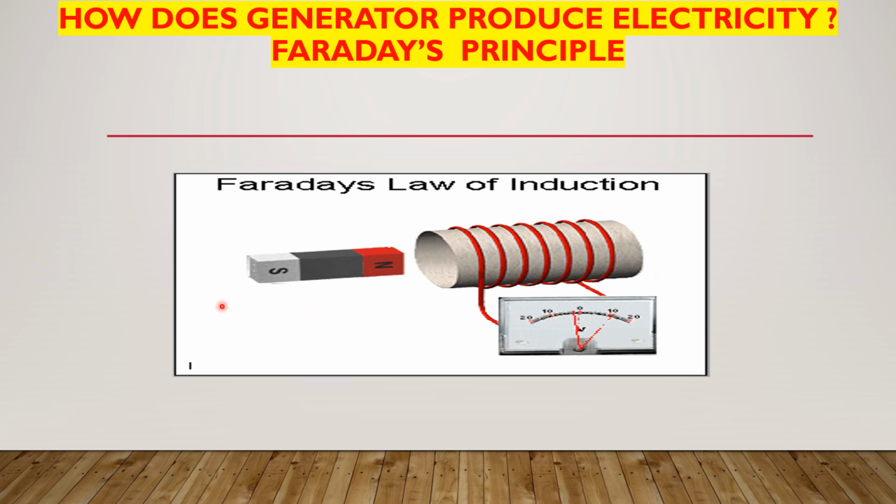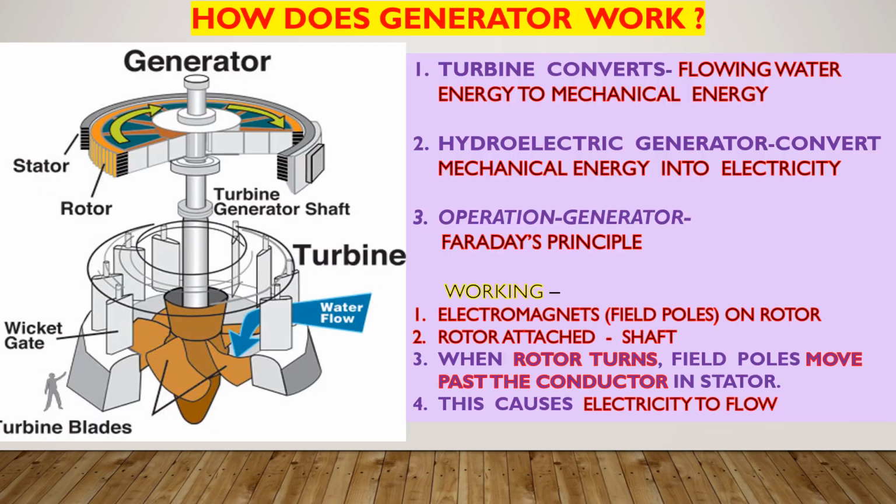As the bar magnet is moved into and out of this shell kind of thing, hollow kind of thing, the EMF or electromotive force is produced. That is, lower version of current is produced. The same thing happens in hydroelectric power source. How? I'm going to explain now.